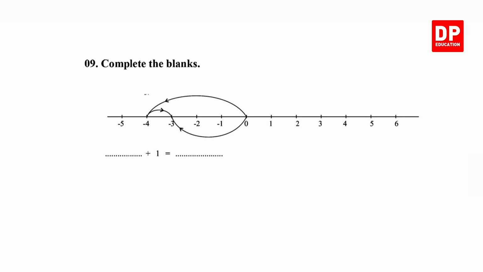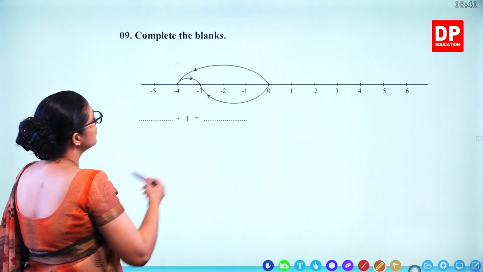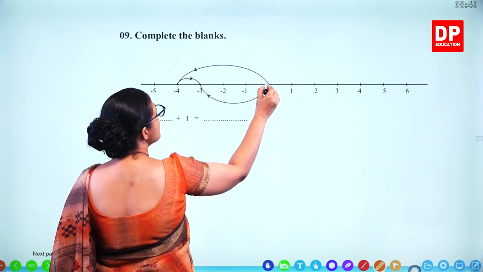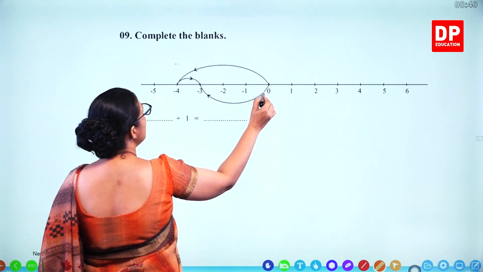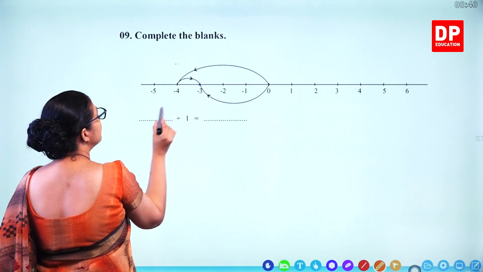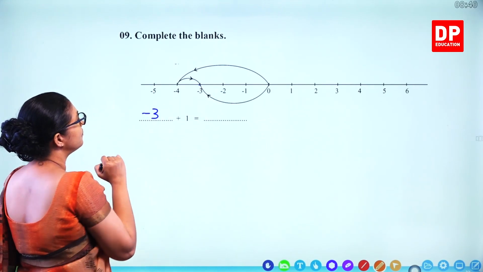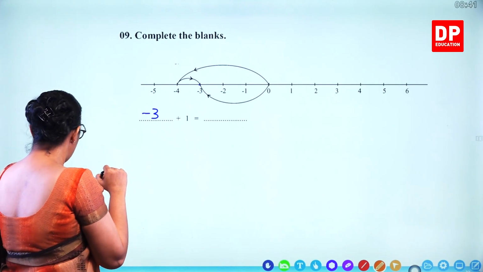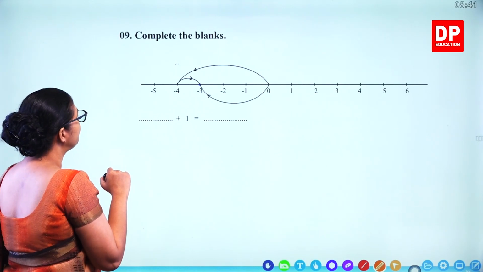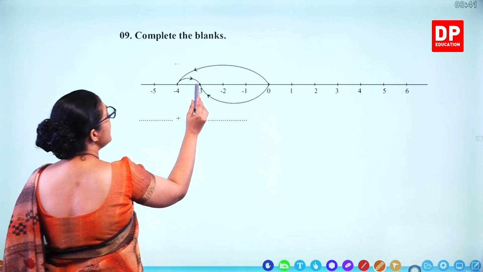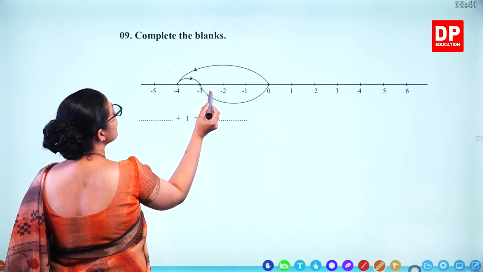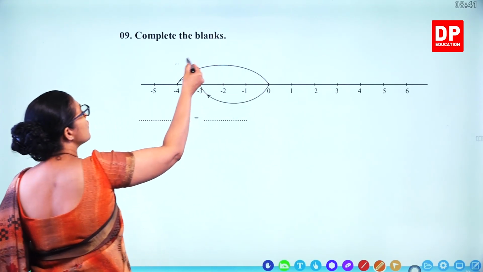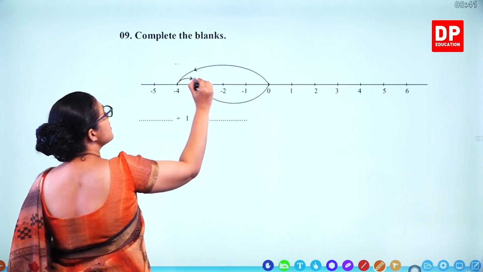Question number 9. Complete the blanks. So here, starting from this one, minus 3. Not minus 3. Here, look at this one. This and this other way around.